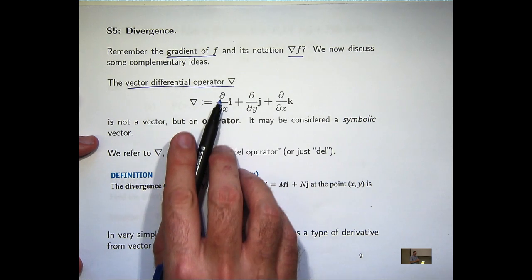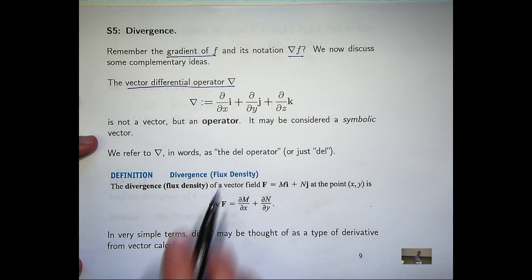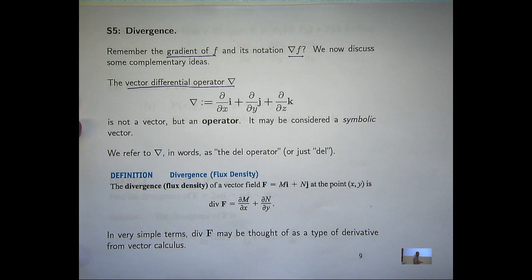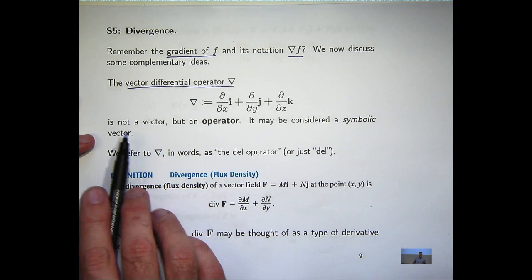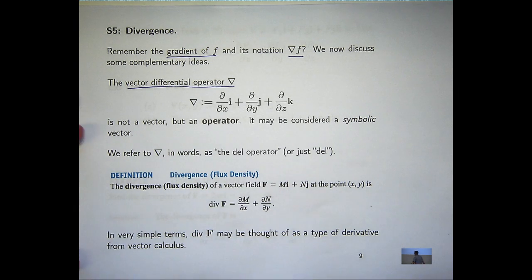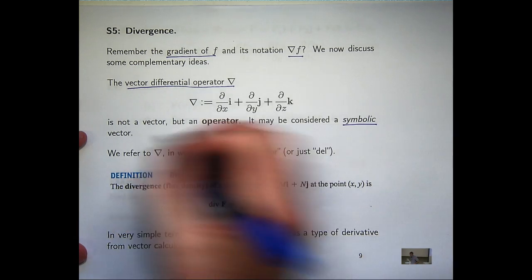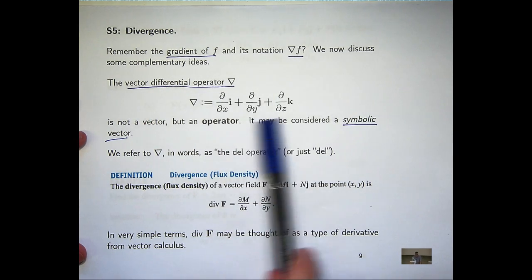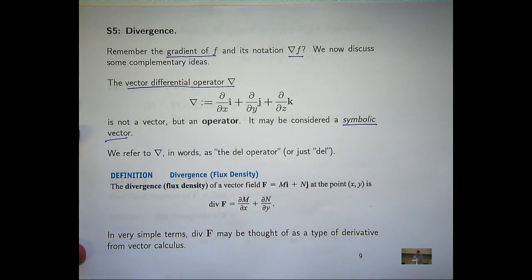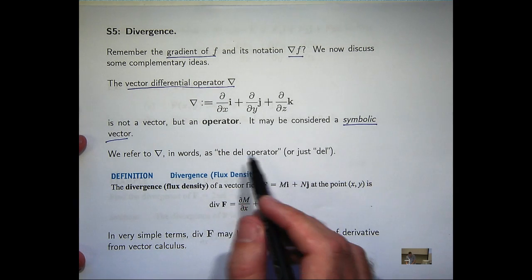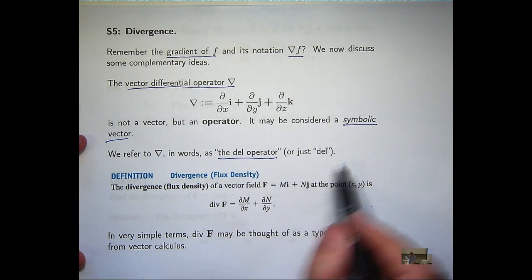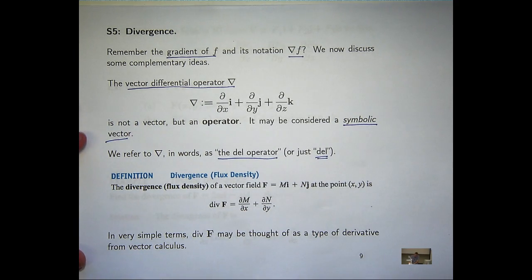So you can see here I've got d dx, d dy, d dz. They're all partial differential operators, and i, j and k. Now it looks like this is a vector, but really it's not. It's a symbolic vector, and the point is that this can operate on various functions or vector fields. Okay, so this triangle will be referred to as the del operator or just del.